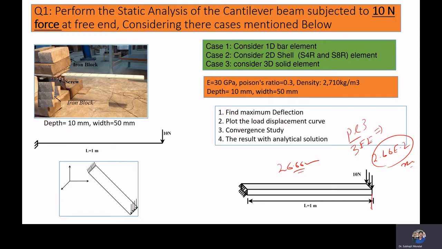We'll see how much value we get in ABAQUS, how we can achieve convergence, what the converged value is, and whether that converged value is close to this value or not.